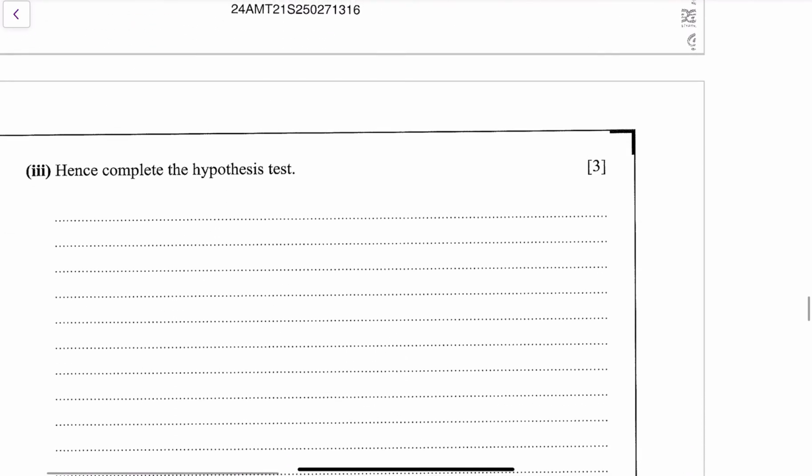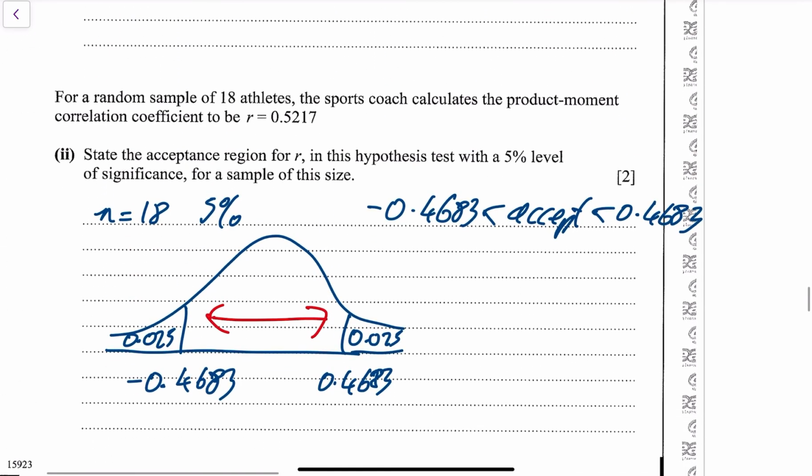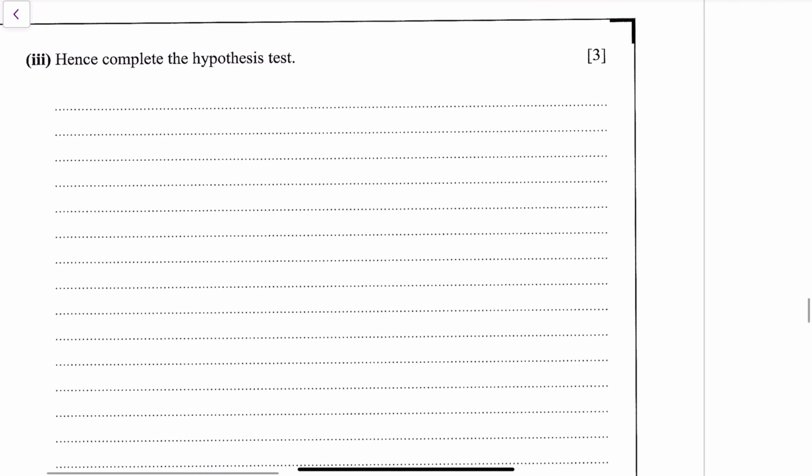Okay, next bit says, hence complete the hypothesis test. We know the r, his r was 0.5216. So where does that appear? It appears in here. So that means we're going to reject H0. I'll just do that wee diagram again.